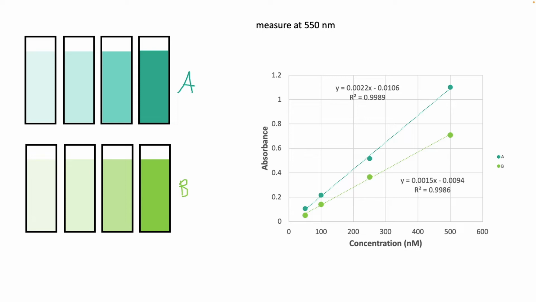In this case, I picked measuring at 550 nanometers because that's what I did when I was picking a wavelength off the graph. You can see that compound A and compound B have different calibration curves with different associated linear equations. What I want to do now is think about the absorbance of each of these components at 550 nanometers.